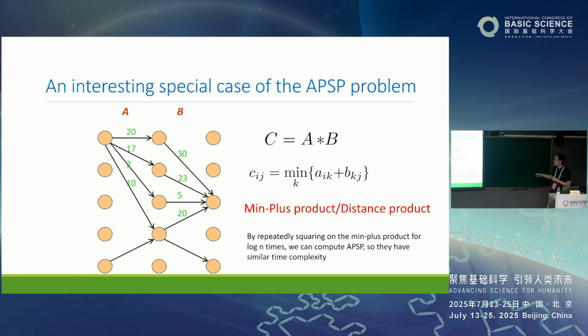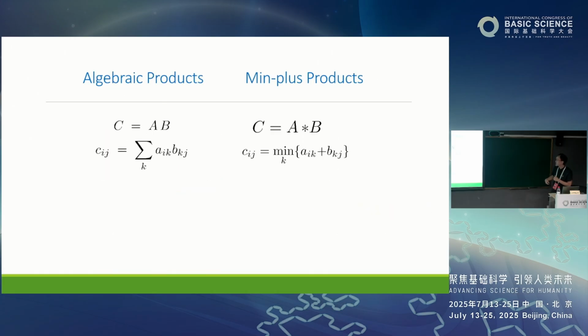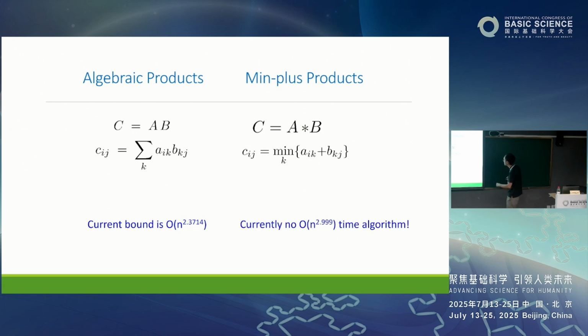We know that. For the original multiplication, we have better algorithms than n cubed. But for the min-plus product, for the general real weighted case, there is no truly subcubic time algorithm.